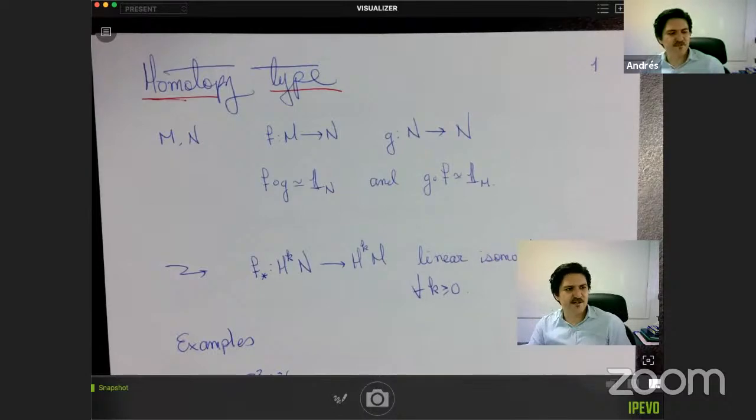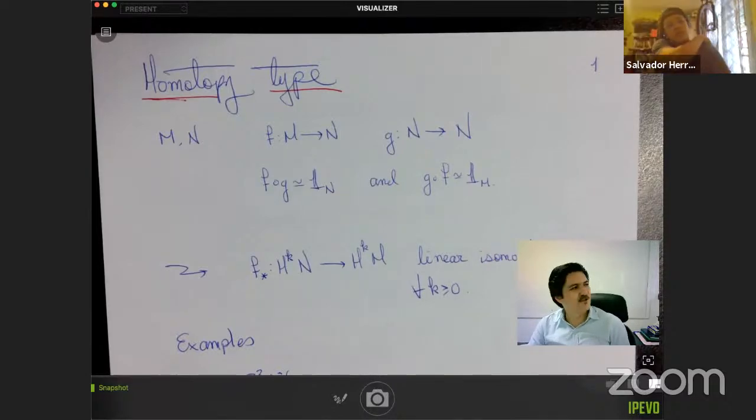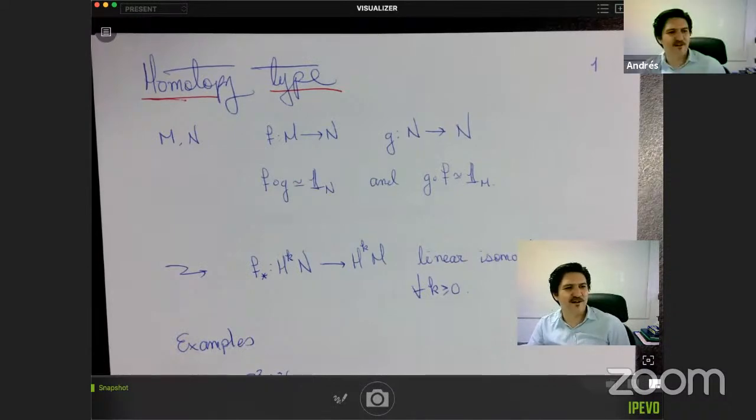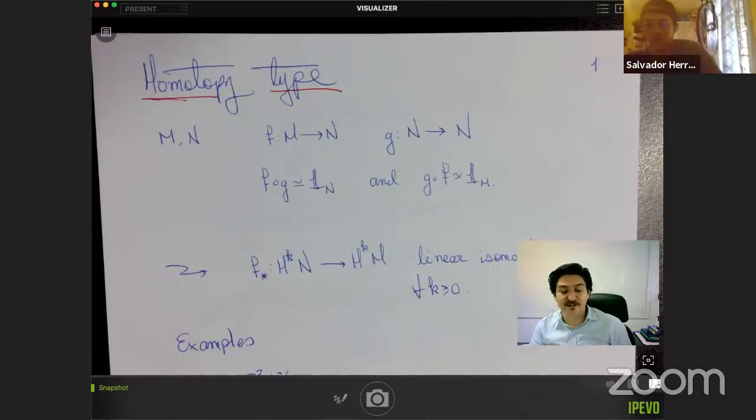Rn, right? Euclidean space, that's correct. What else? We are missing an interesting one. Spheres.